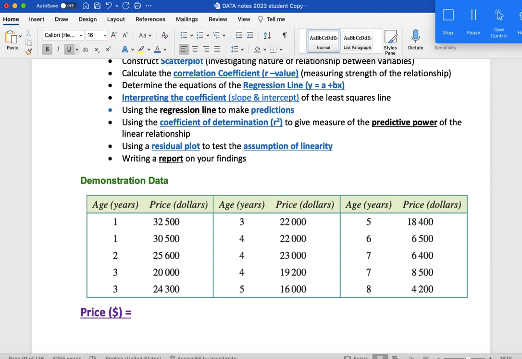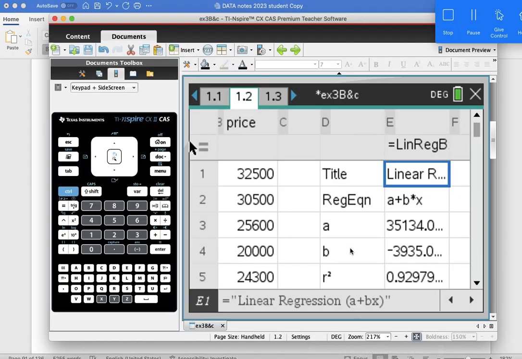Now, you don't really buy a car to the nearest dollar or the cents. So I'm going to round my A value here to 3 significant figures, because that's going to be more practical.